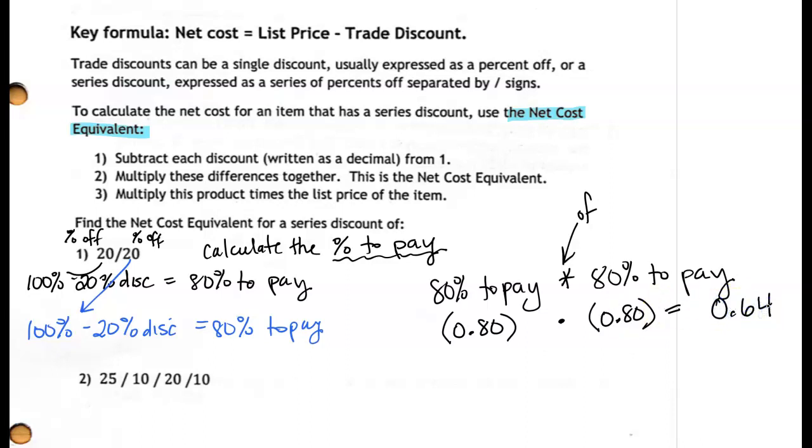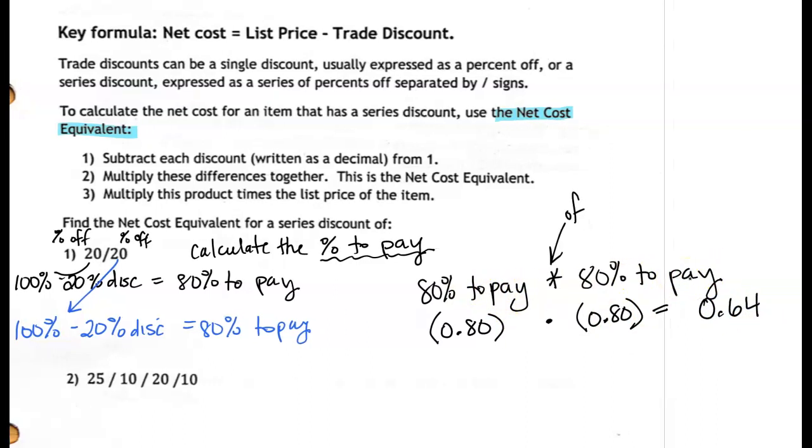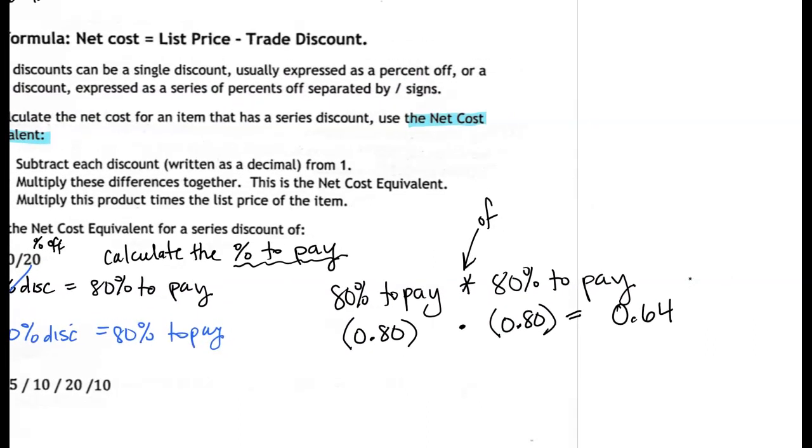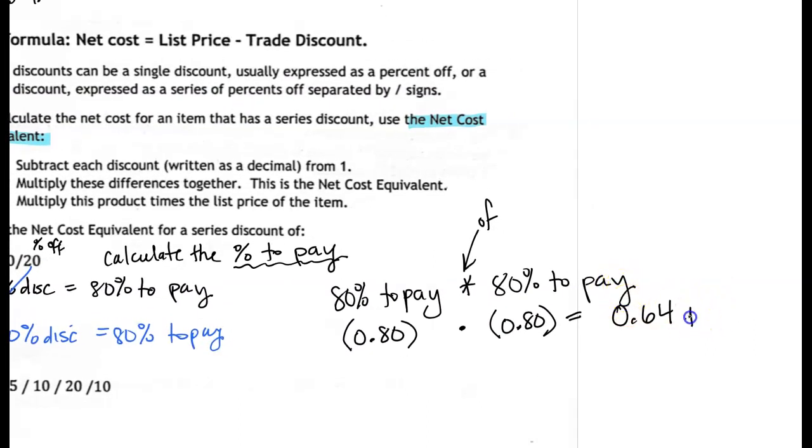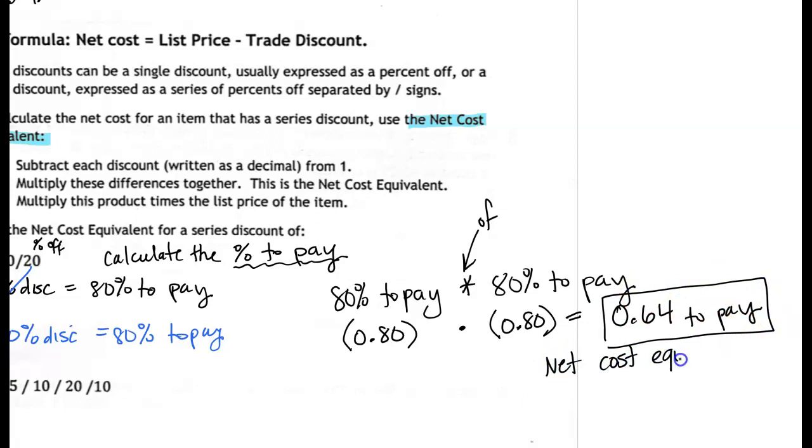Okay. Now keep in mind these were both percentages to pay, so the 0.64 is still a percent to pay. Only we use the decimal equivalent instead of the percent symbol. This is going to be the net cost equivalent.